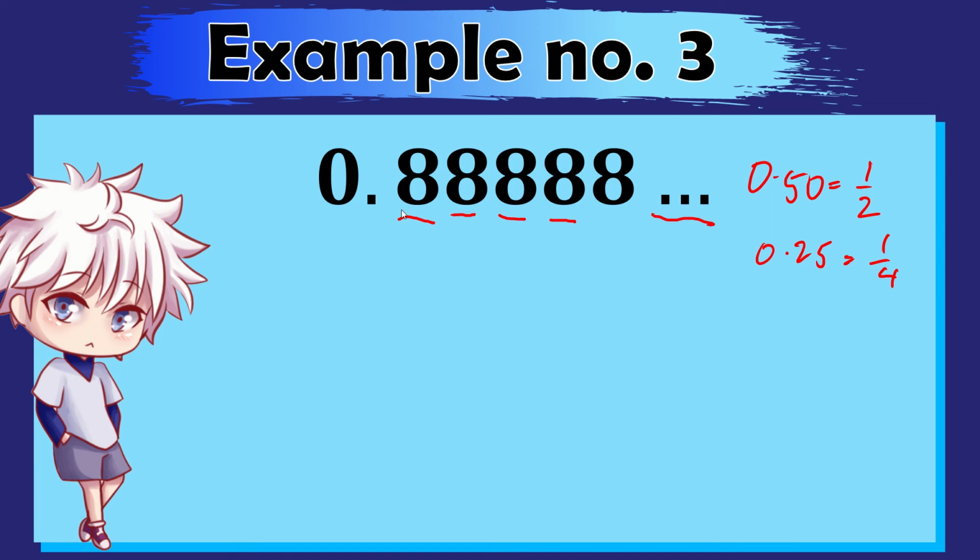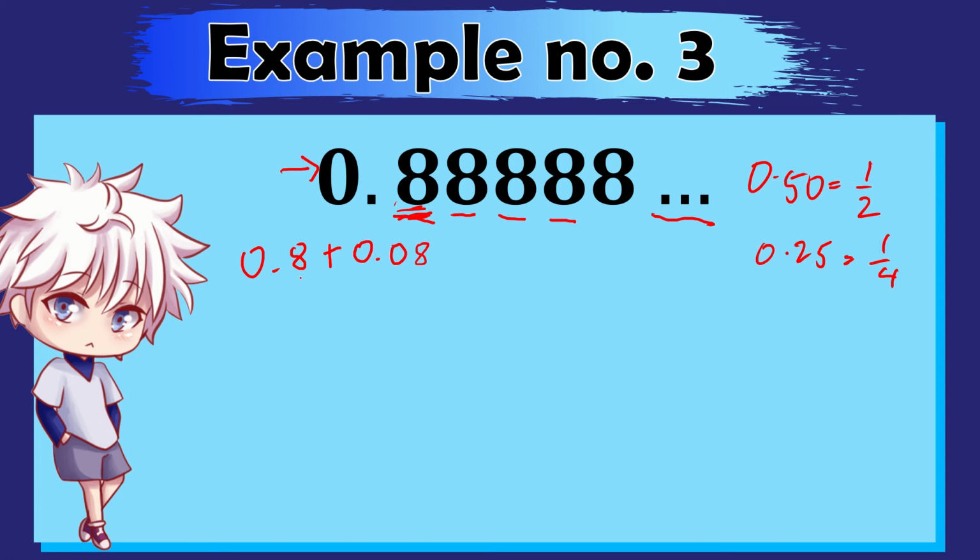So start tayo muna dun sa tenths. So 'di ba pag hiniwalay natin 'to, ito ay magiging 0.8. So nagamit na natin 'tong una. Sunod, plus. Parang gagawa tayo ng expression na pag pinag-add-add natin siya, ito yung magiging answer natin yung given na decimal. So 0.8 plus 0.08.